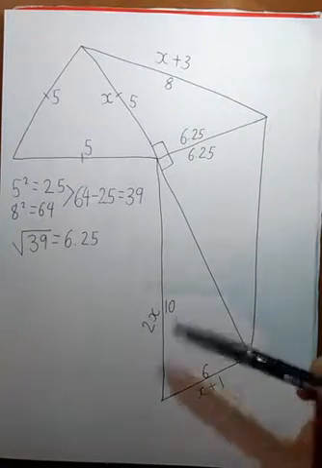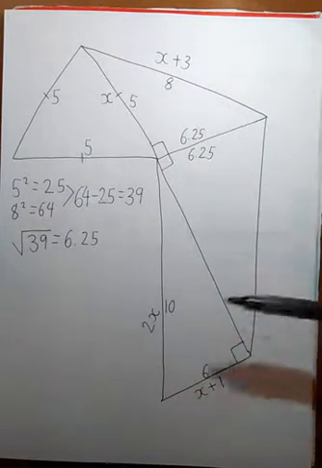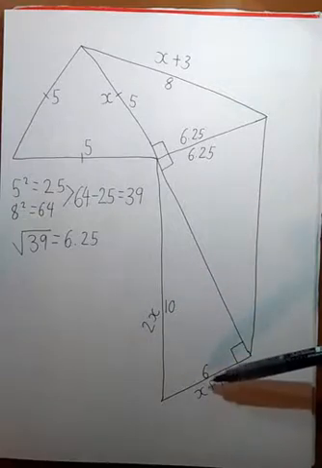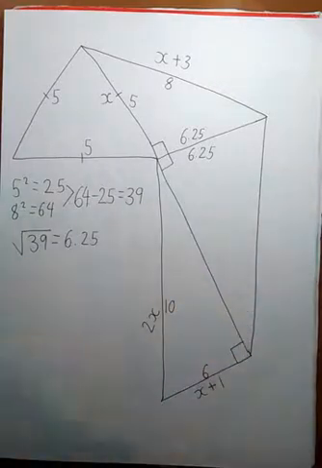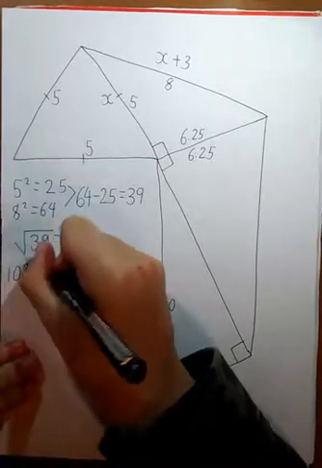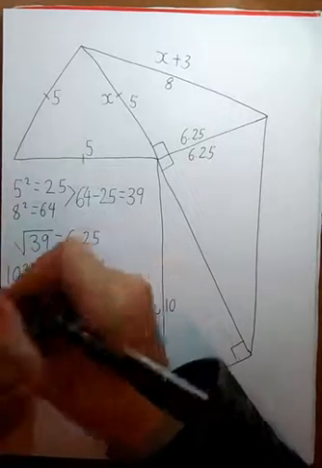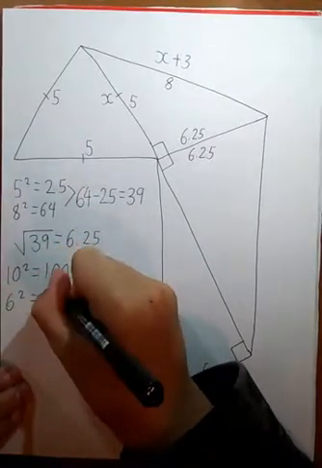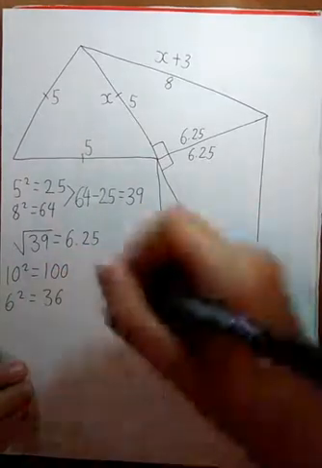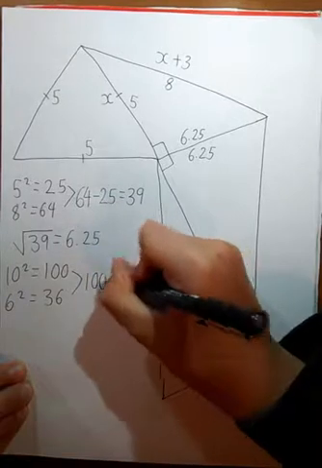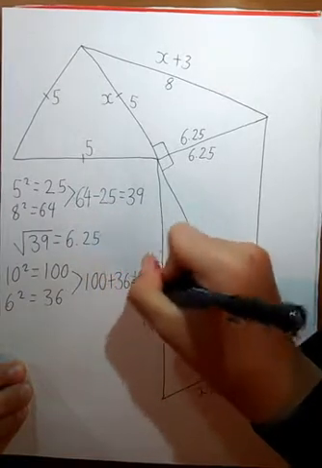Now let's do reverse Pythagoras for this triangle as well. We'll do c squared, which is 10, minus a squared, which is 6, and that will give us b squared. 10 squared equals 100, and 6 squared equals 36. 100 minus 36 equals 64.